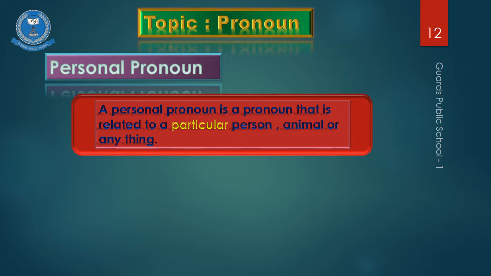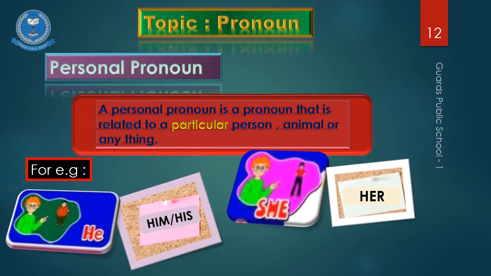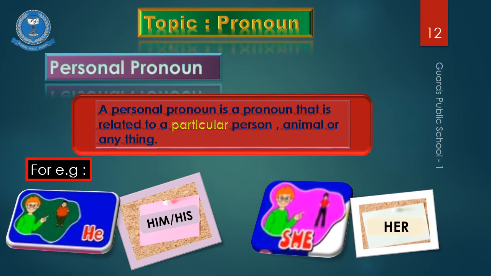It means when we talk about any particular person, animal, or thing, we will use personal pronouns. So, personal pronouns are he, him, his, she, her. It means that they can change their forms to indicate the different genders or numbers and persons speaking.